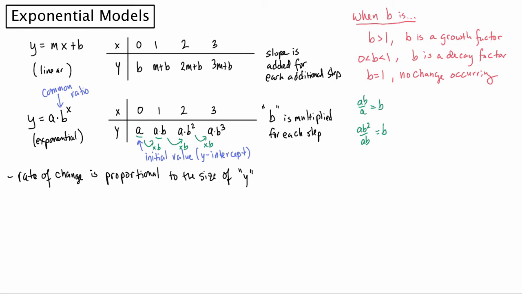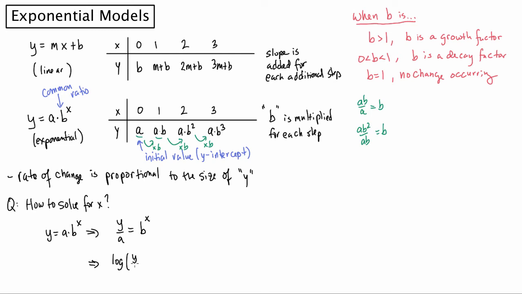Now, one question that often comes up is how to solve for x. So if you look at y equals a times b to the x, if I want to solve for x, then I'll start off by dividing both sides by a here. So y over a equals b to the x. Then the next step would be to take the logarithm of both sides.